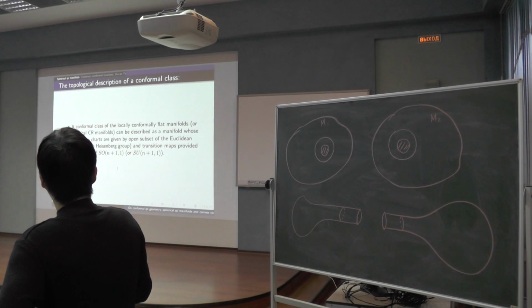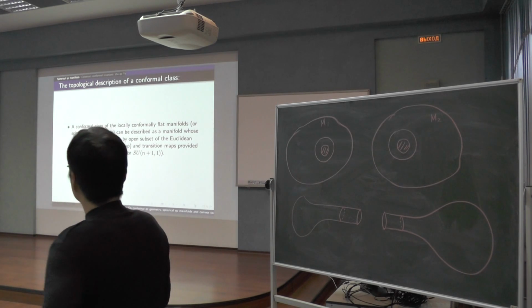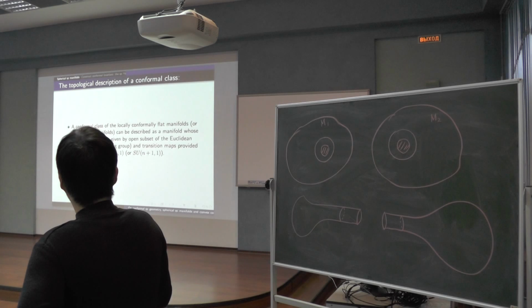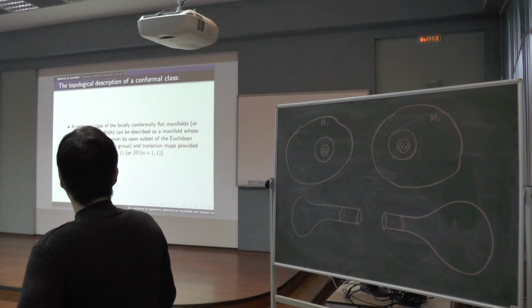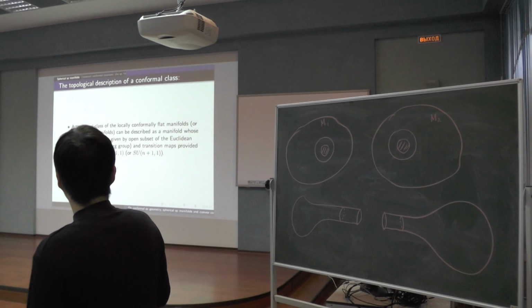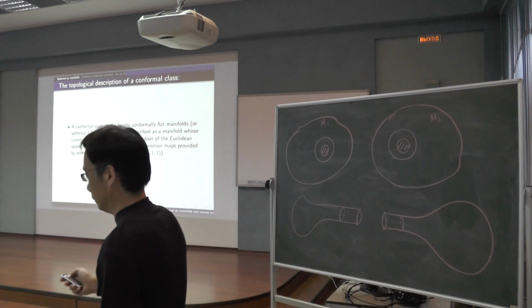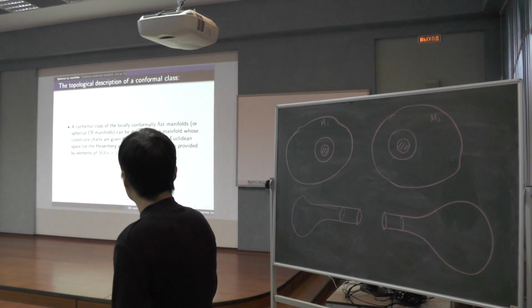And there is a topological description of a conformal class. A conformal class of locally conformally flat manifold can be described as a manifold whose coordinate charts are given by open sets of Euclidean space, and the transition mappings are provided by elements of SO(n+1,1), which are Mobius transformations, and the spherical CR case is the group SU(n+1,1).